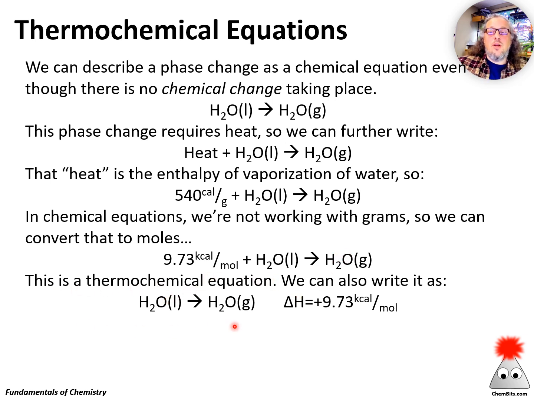This is a thermochemical equation, right? And the way it's usually written is the chemical equation plus this delta H, this enthalpy of reaction, written separately. Because heat is required, that enthalpy is endothermic and has a positive sign.